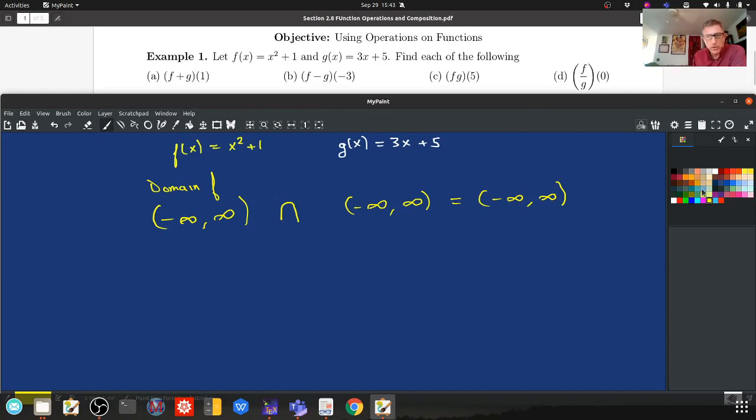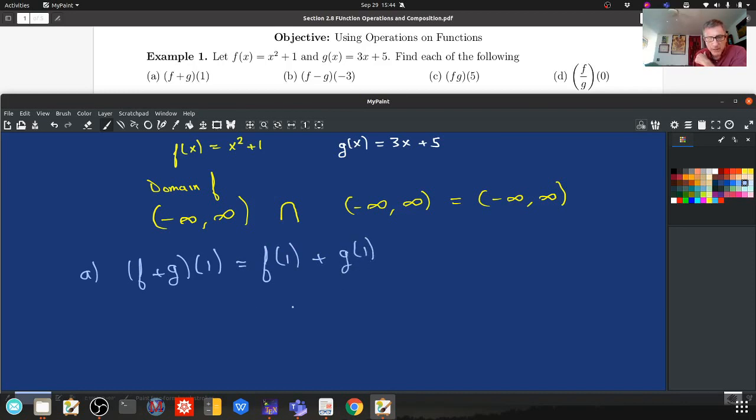So for number A, we're actually asked to compute f plus g evaluated at 1. So there's two ways to do this. Well, by definition, it's f of 1 plus g of 1.